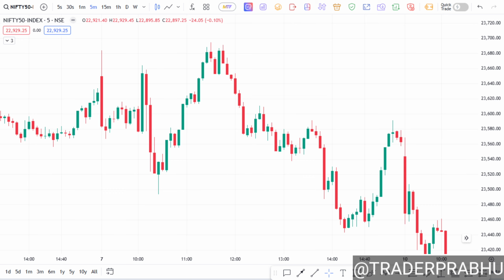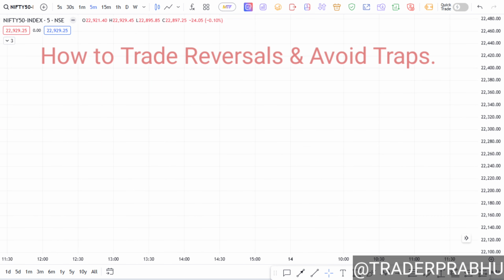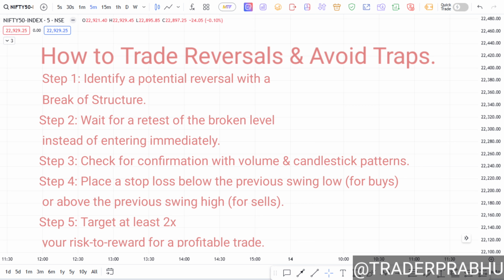Now, how to trade reversals and avoid traps. Now that you know how institutions manipulate price, here is how to avoid the traps and trade reversals profitably.